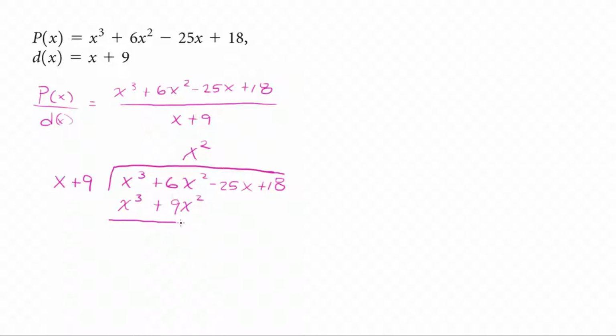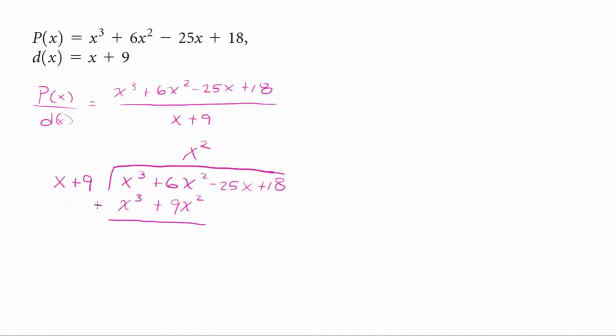Now, just like division, you subtract. When you subtract, you have to subtract everything inside. So what I tell my students is, instead of writing the parentheses there, just change all the signs immediately.